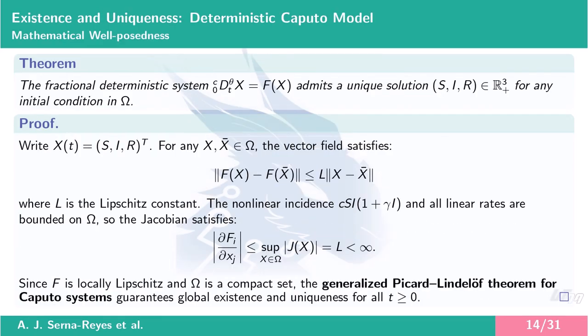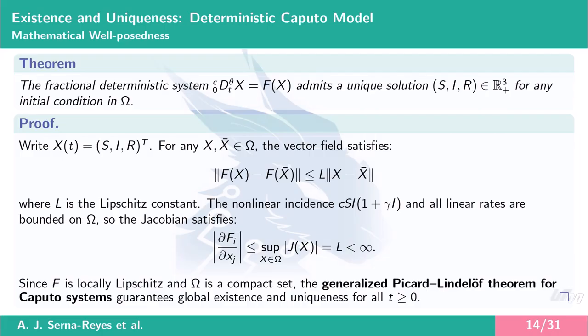We also established the mathematical well-posedness of the model by proving existence and uniqueness of solutions for any admissible initial conditions. The argument proceeds by writing the system in vector form and verifying that the vector field satisfies a Lipschitz condition inside the domain omega.